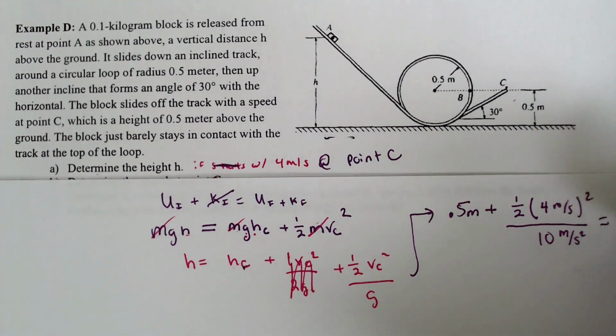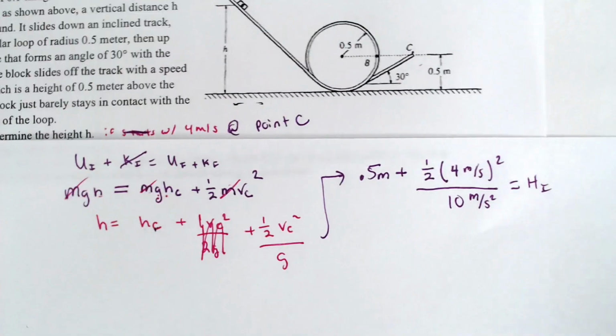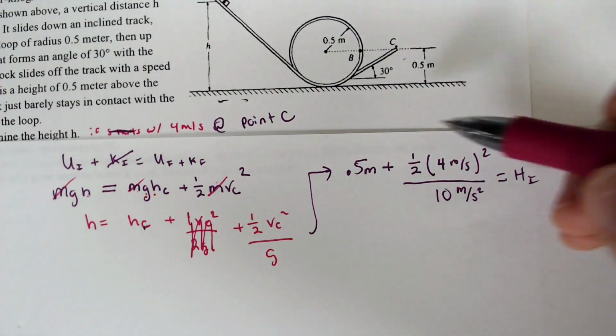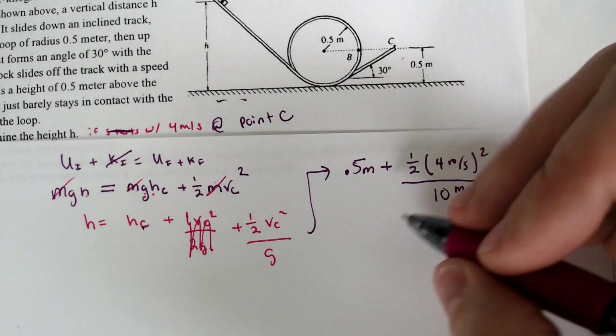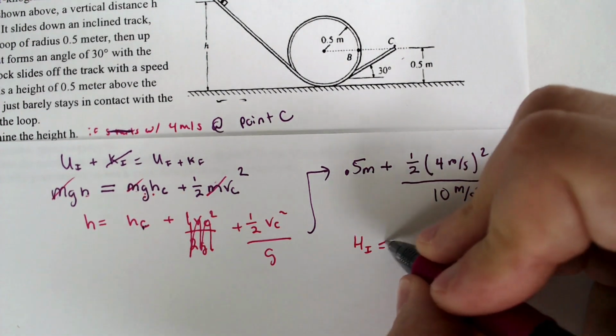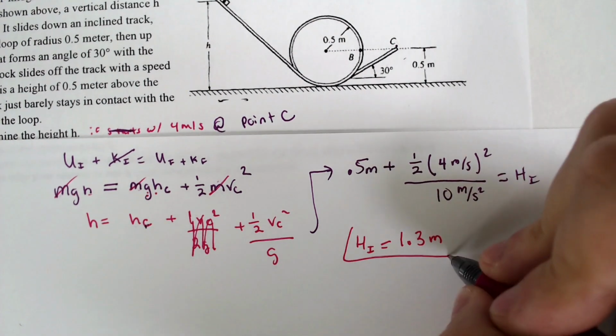That will equal your initial height. So let's do some math. If you do 4 squared times 1/2 divided by 10 plus 0.5 meters, your initial height will equal 1.3 meters.